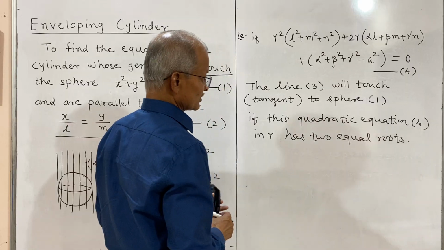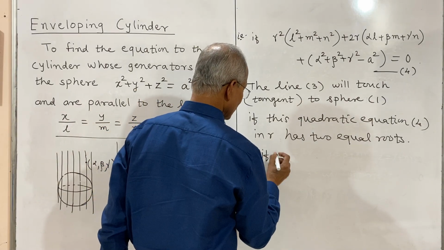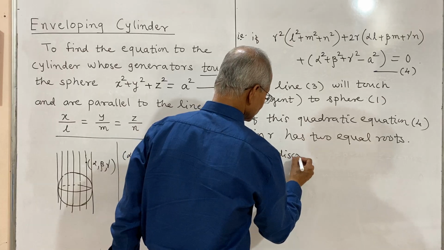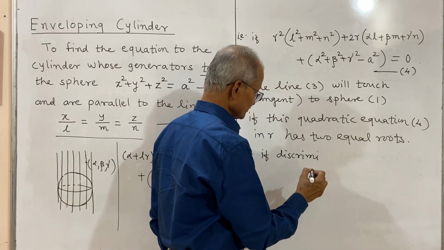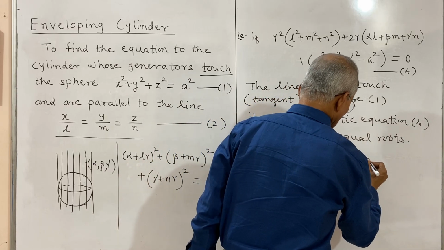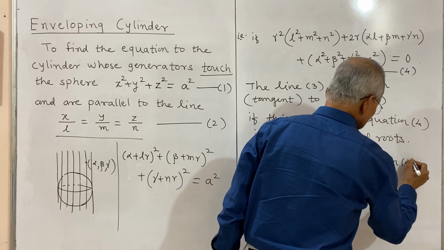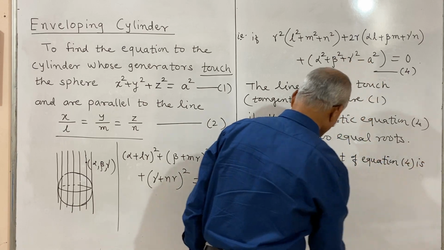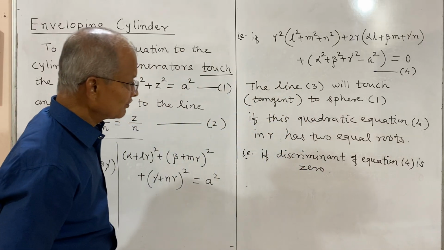So 2 equal roots means the discriminant of equation 4 is 0. And what is the discriminant of equation 4?